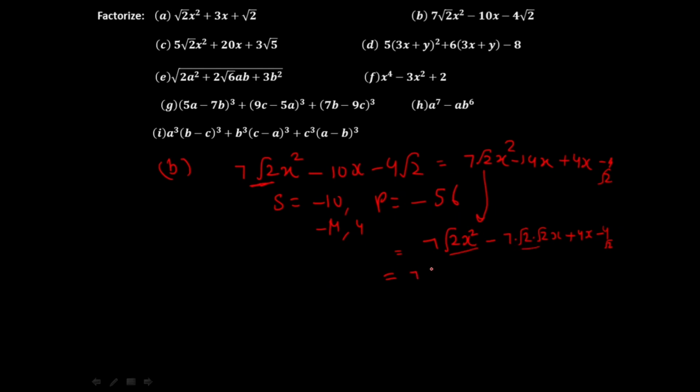Common is 7 root 2 x. What is the remaining here? x only. Minus 7 root 2 is taken, the remaining part is under root 2, and here common is positive 4, the remaining part is this. Again, what is common in this whole thing and in this whole thing? That is x minus under root 2. The remaining thing over here is this plus 4. So that's the factorization.